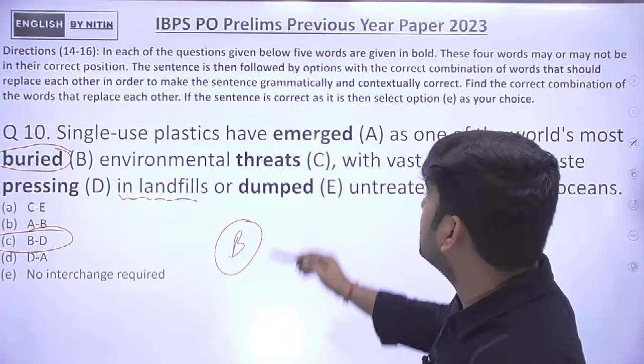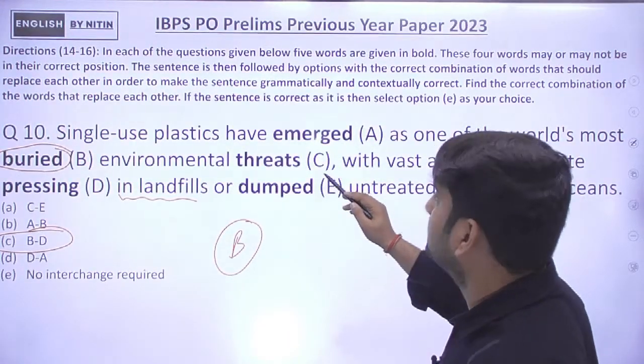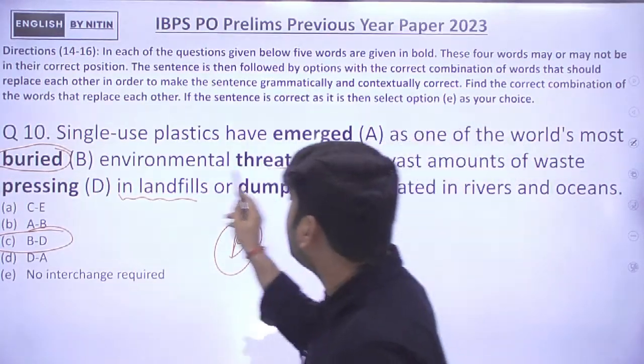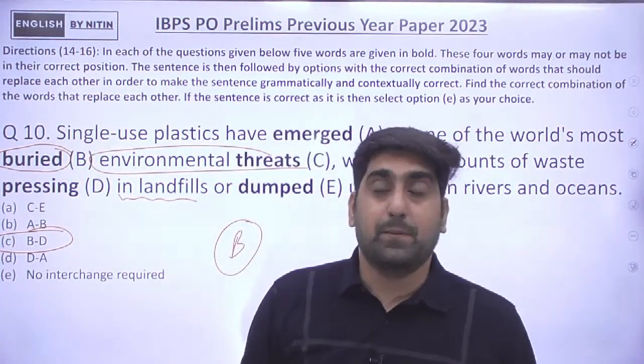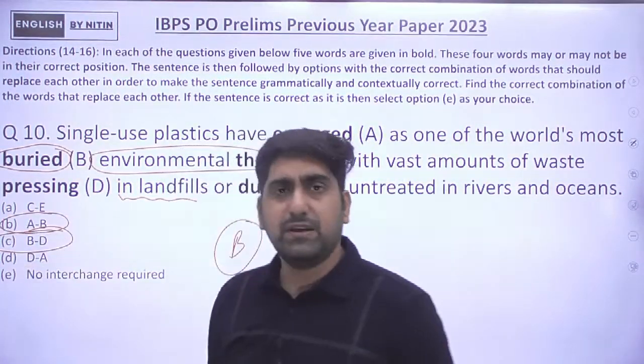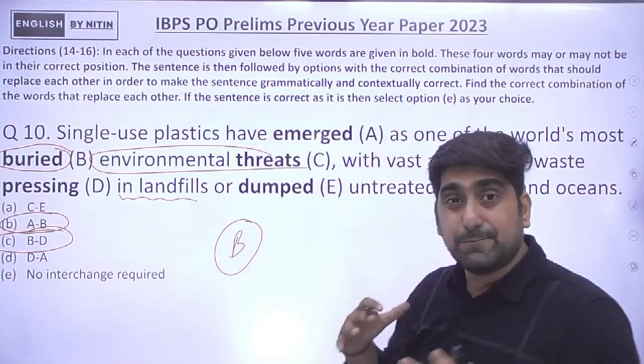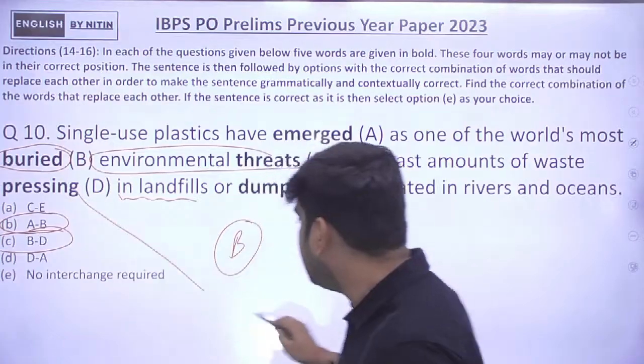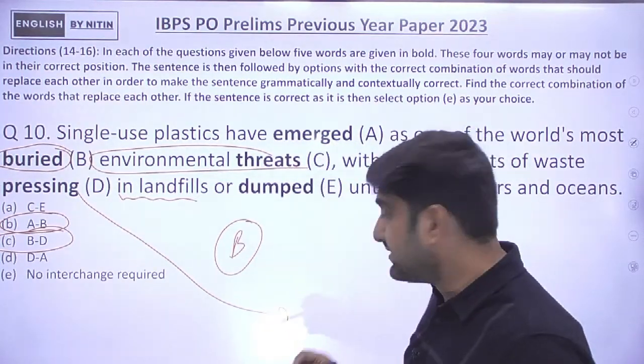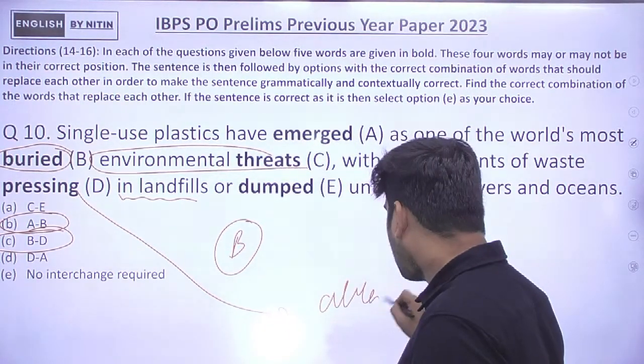Why? Because the threat is pressing, and we have other options like A and B, but we are not going with A and B, because the threat is pressing, and pressing here means alarming.